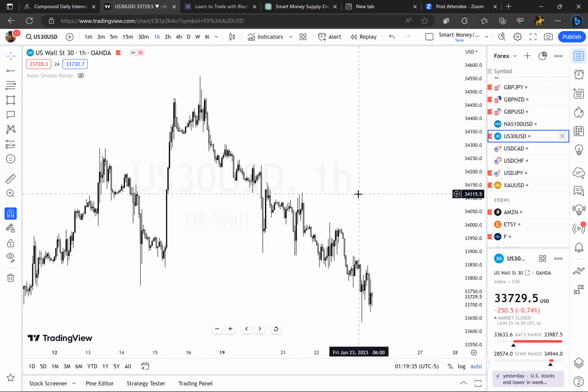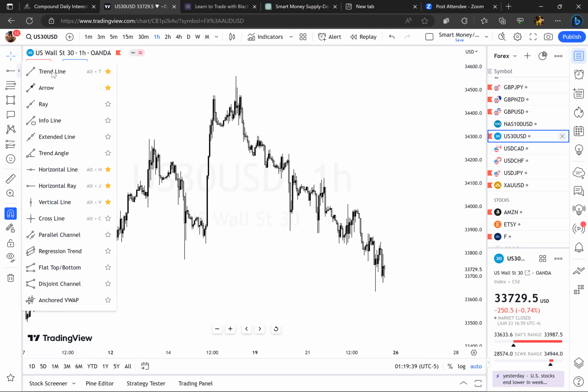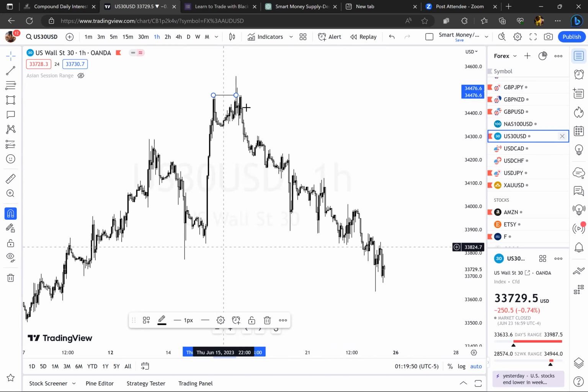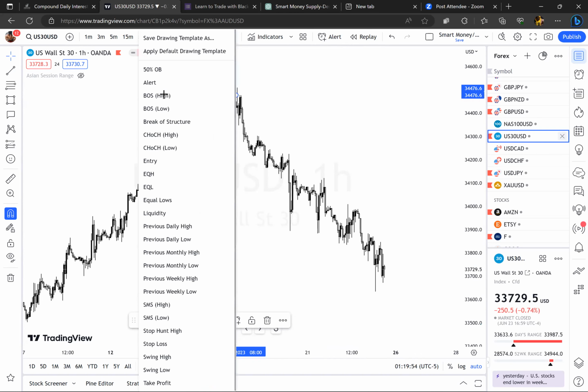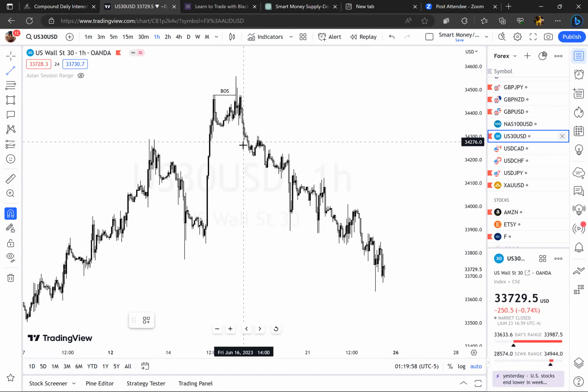All right, let's see what we can find. You might be able to make something of this. First things first, it's coming down. We broke structure right up top on the high side, and we changed character here.